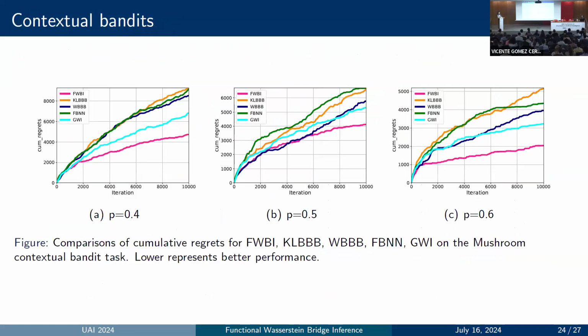And we also evaluate the ability of FWBI to guide extrapolation in the contextual bandit. And we show the cumulative regrets for 3 different reward patterns. The lower regret represents better performance, which indicates that our FWBI can provide reliable uncertainty estimation in these decision-making scenarios.